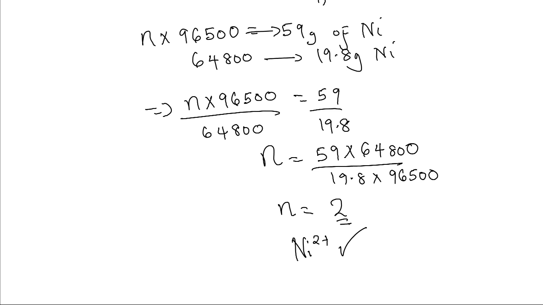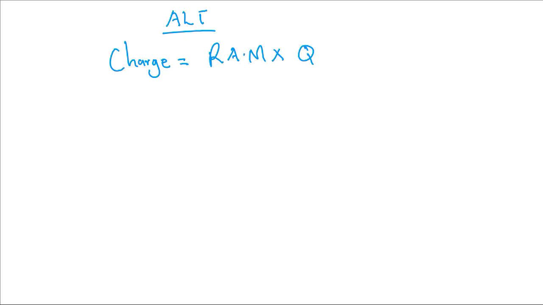So alternatively, we can use the formula way that states that charge is equal to RAM times quantity of electricity over mass deposited multiplied by 1 Faraday.